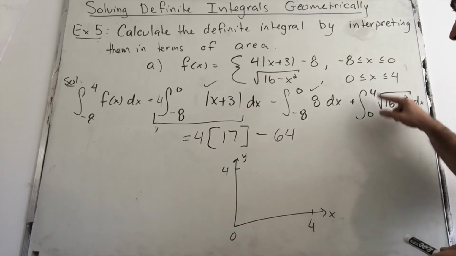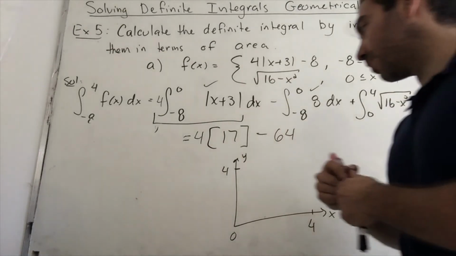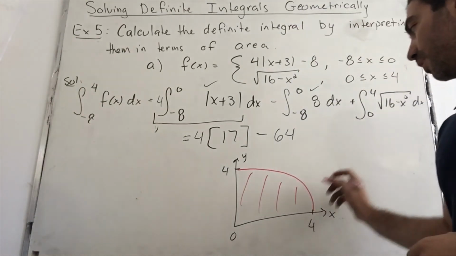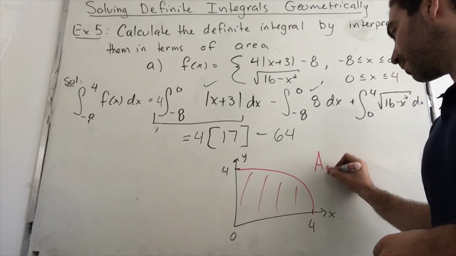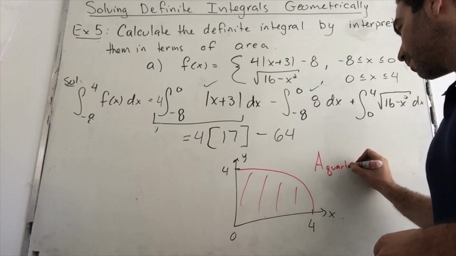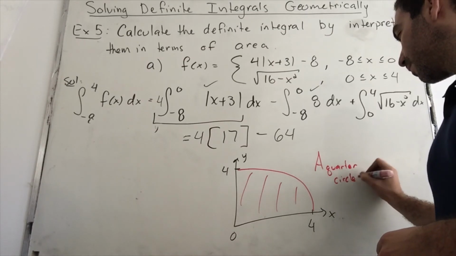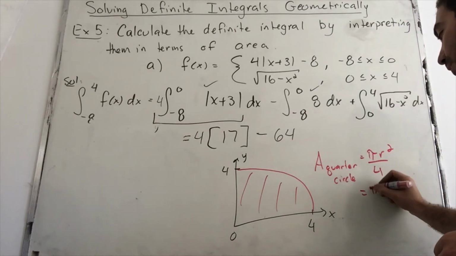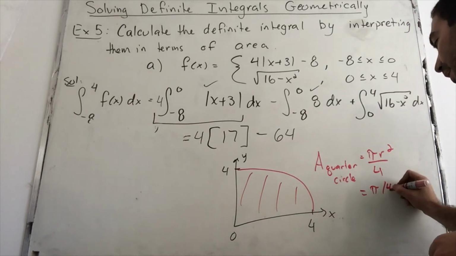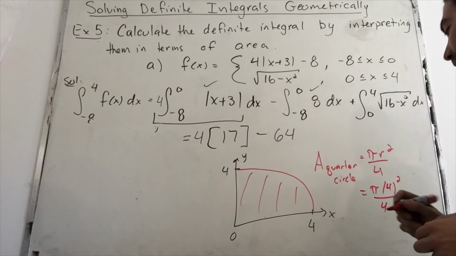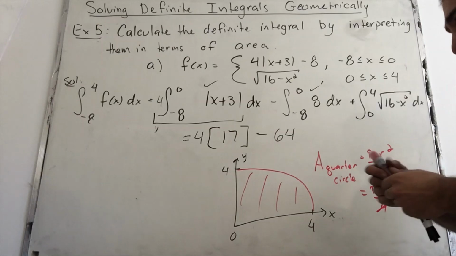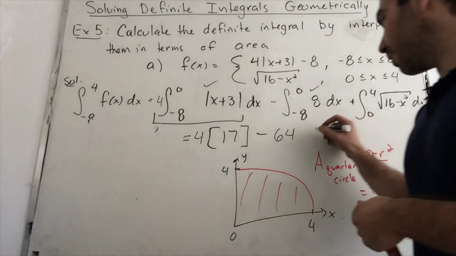But since we're on the interval from 0 to 4, it's just a quarter circle of radius 4. So the area of a quarter circle is pi r squared divided by 4, and we know that the radius is 4. So pi times 4 squared divided by 4, and 4 squared cancels with one of the 4s, leaving us with 4 pi. So this is plus 4 pi.